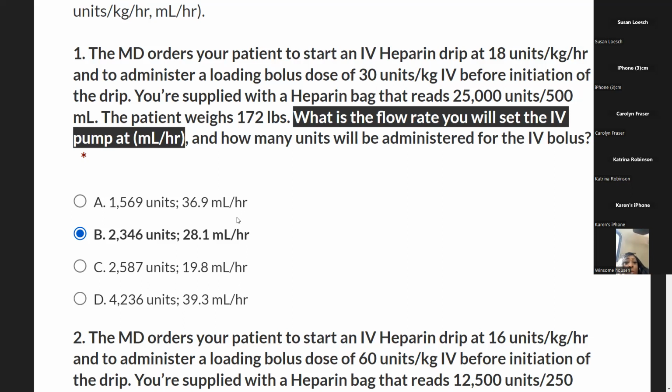Now, I don't know how they got 2346. Somebody did a math little boo-boo there or something. But the answer for that would have been 2345.45. And that's all the bolus would have been. That's just a loading dose to get the heparin up to where you need it so that you're starting with the safe dose.